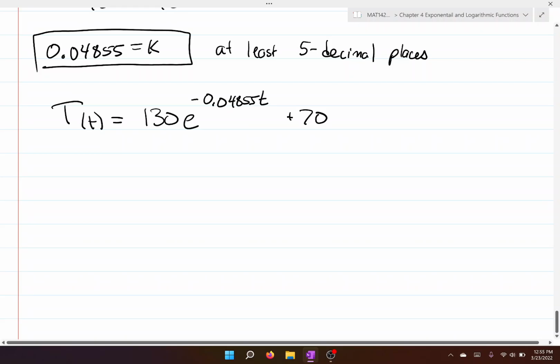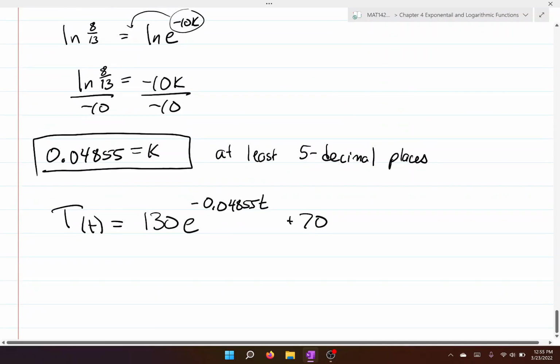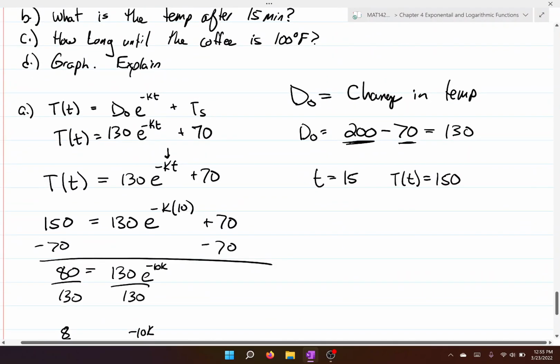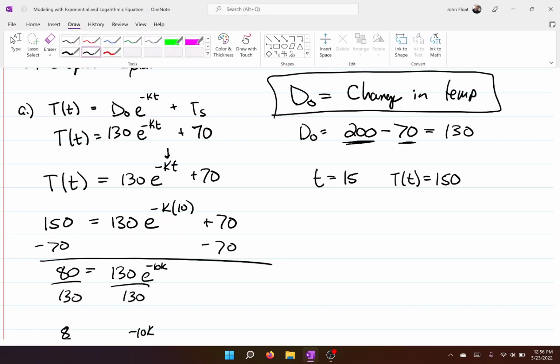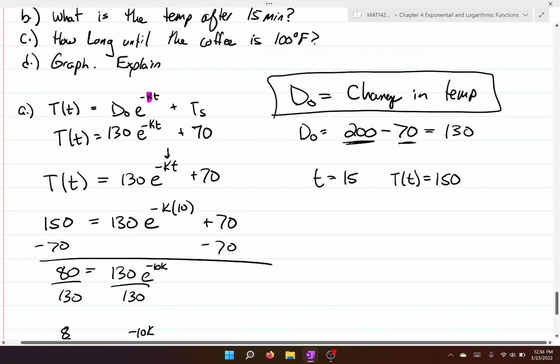The one thing I do want to go over again real quick is this D sub 0 thing. It's like that initial temperature difference, and maybe I didn't explain that correctly. How great that difference in temperature is will directly influence k, which is the rate at which something cools.